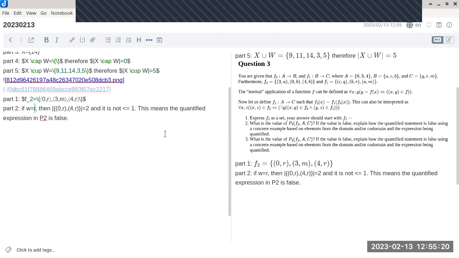I want you not only to tell me in the end that P2 is false, but why you think it is false, with references back to the definition of P2. So if someone tells me, oh, because 0 and 4 both map to R, I'll give partial credit because it is still not answering the question in the format that I'm asking.